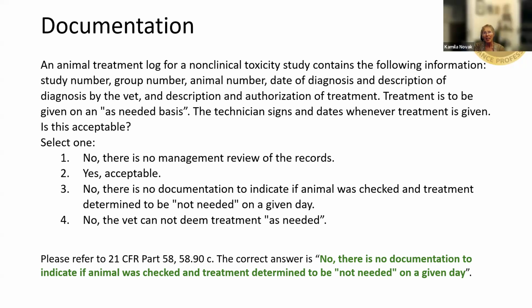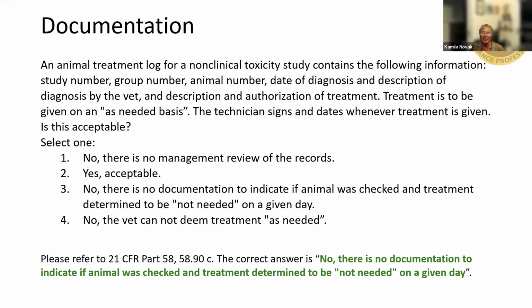We have a toxicity study. So there is a product that is toxic. There is a date of diagnosis, meaning that the animal is diagnosed and has some symptoms. And then let's imagine if these symptoms get worse, then this treatment is to be given.